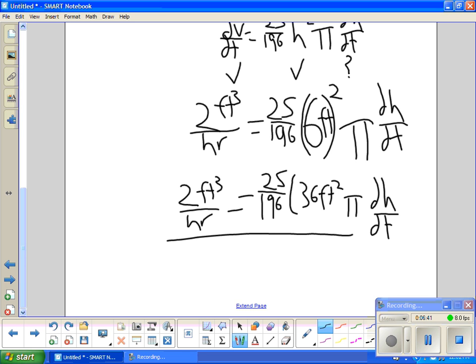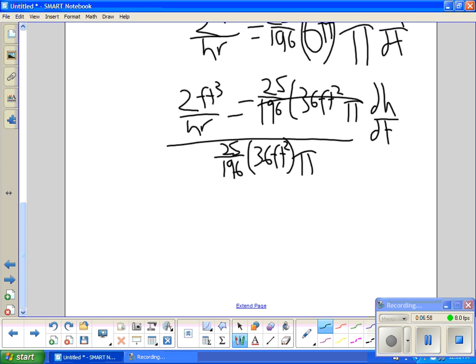We divide both sides by 25 over 196 times 36 feet squared pi. And now we have dH dt alone by itself on one side.